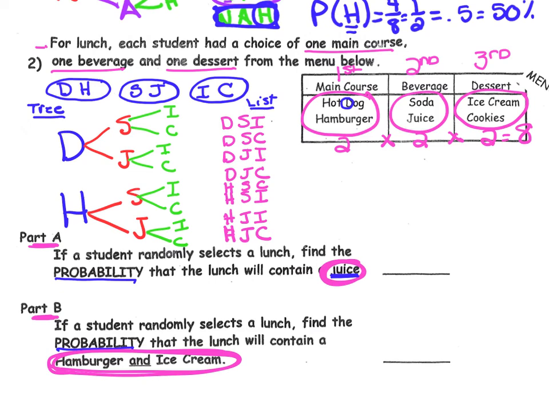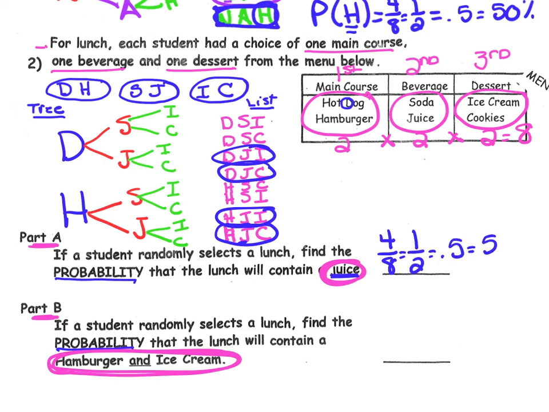Well, we have 1, this has juice, 2, this has juice, 3 and 4. You have a 4 out of 8 chance, which is 1/2, 0.5, or 50%. And the probability of grabbing a lunch that has a hamburger in combination with ice cream?